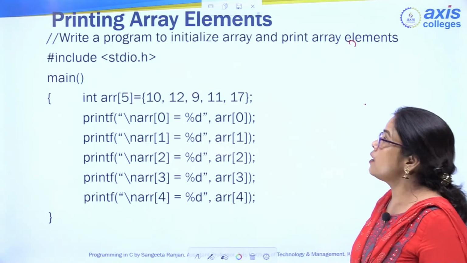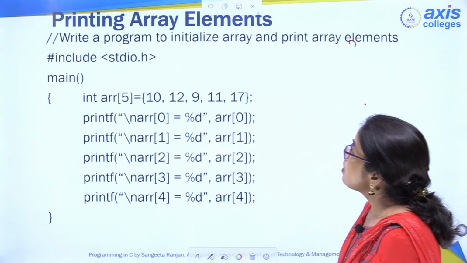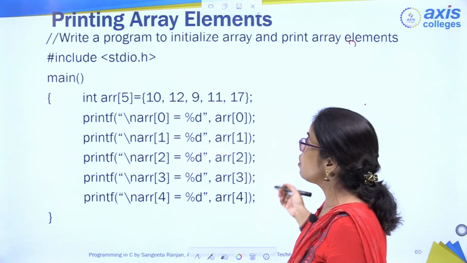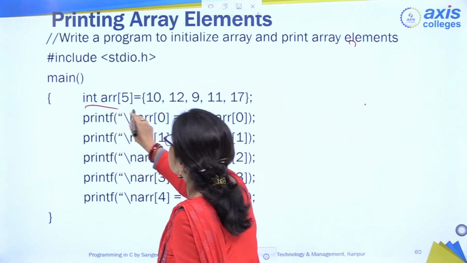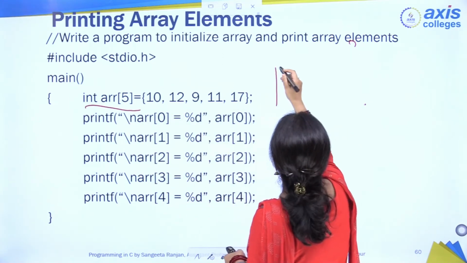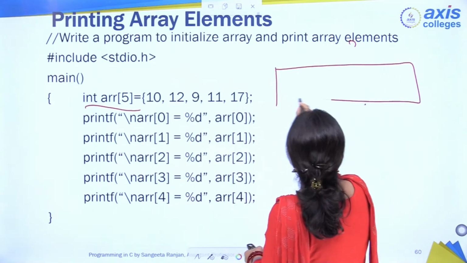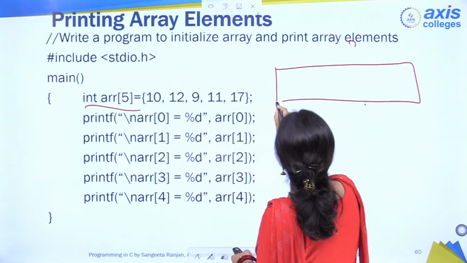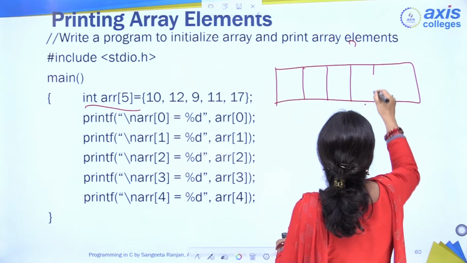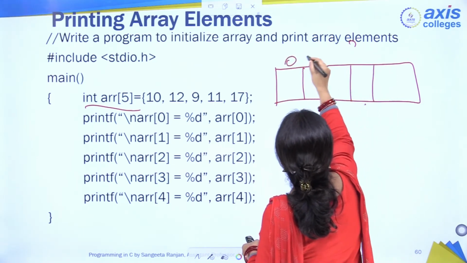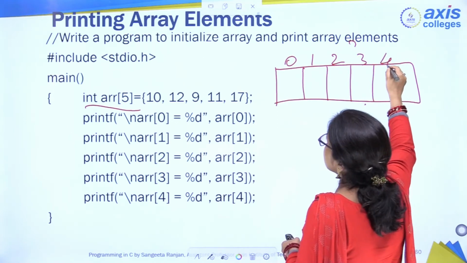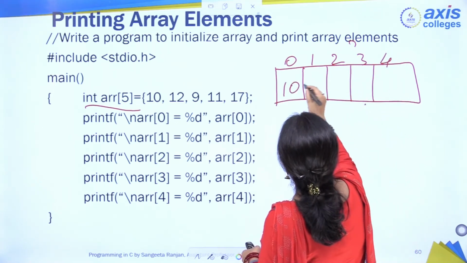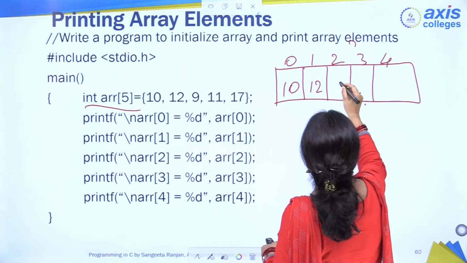Now printing array elements. This is the program to print each and every element of the array. Here is array int arr[5]. It occupies the space in the memory like this. The values are here.